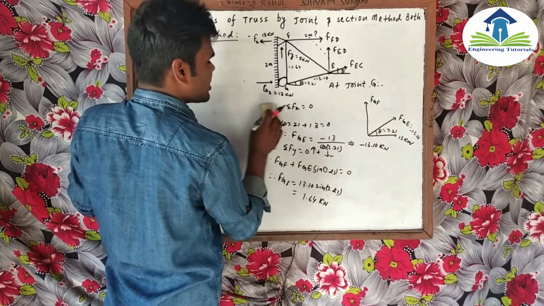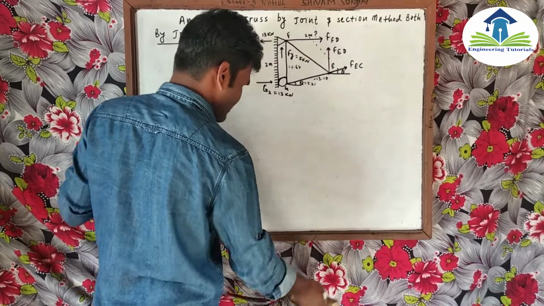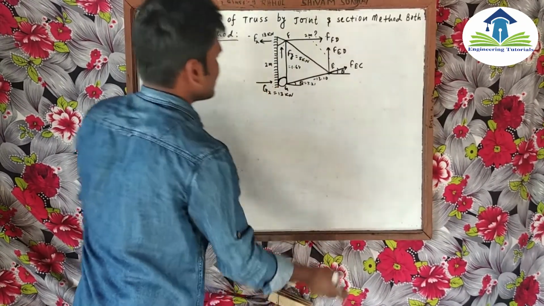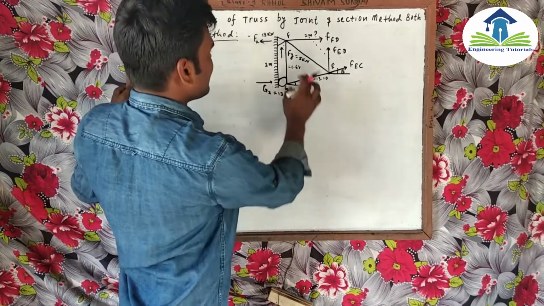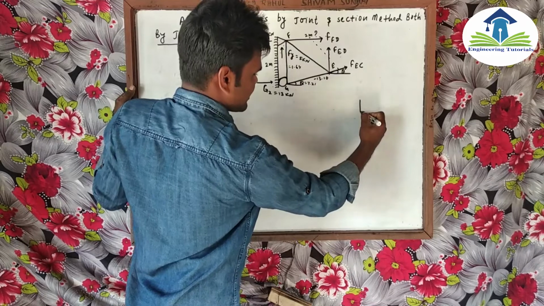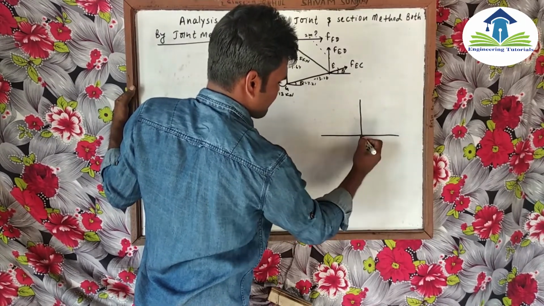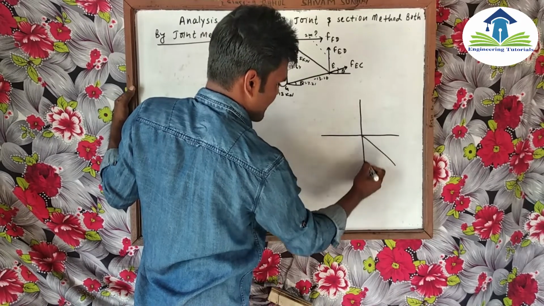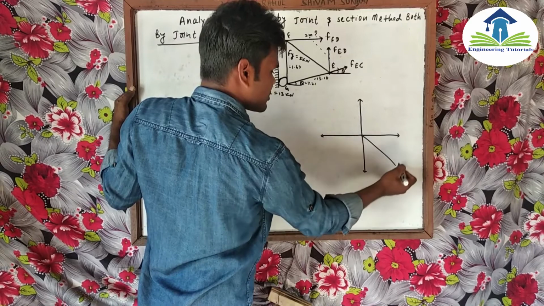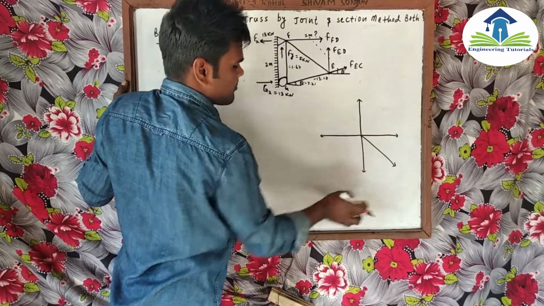Now we are going to take joint F, so we can find the value of FFD. Look at joint F. The figure is going to be like this. All the forces we draw outward.